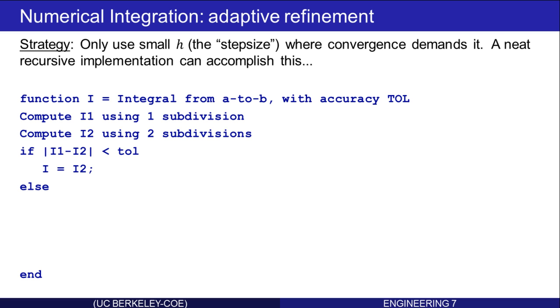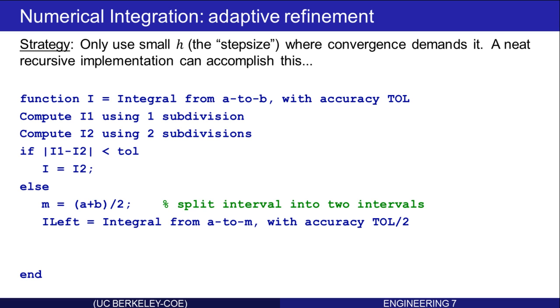If they're far apart, then split the original interval, which is from a to b, into two intervals. So m is the midpoint, a plus b over 2. Then recursively call this function, integrating from a to m, call that I left, and insist on a tolerance which is the original tolerance divided by 2.